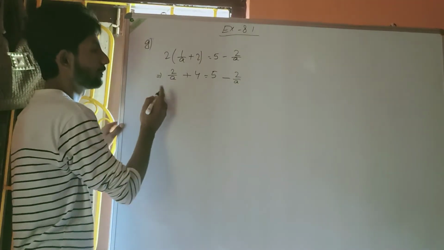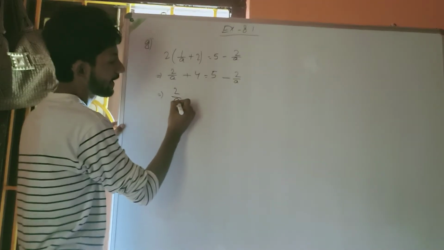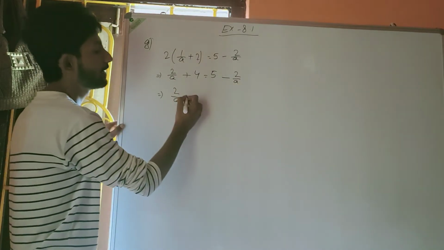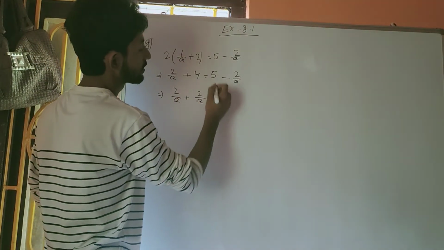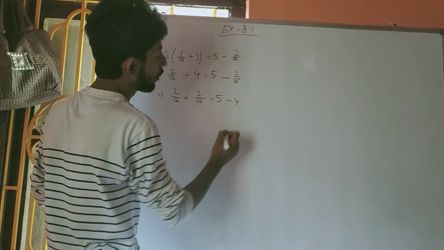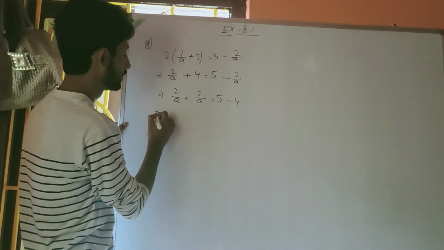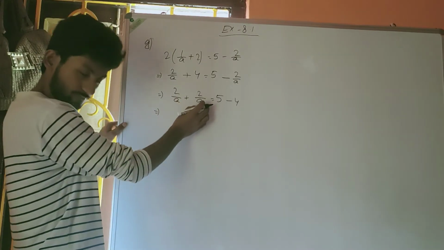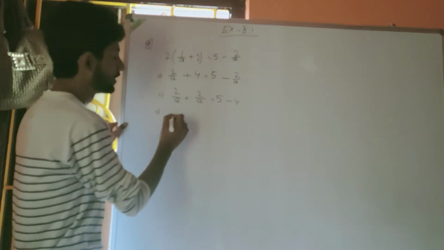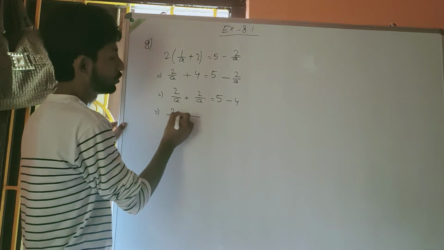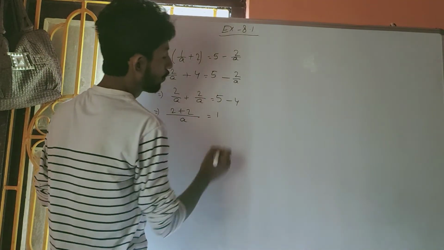Now 2 by a is here, and 2 by a is here. You can bring it to this side. So 2 by a, and this minus 2 by a will become plus 2 by a, which is equal to 5 minus 4, because it was plus 4. Now here both the denominators are the same, so we can directly write 2 plus 2 by a equals 1.